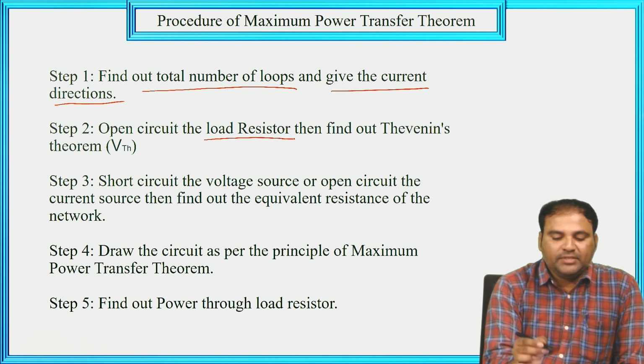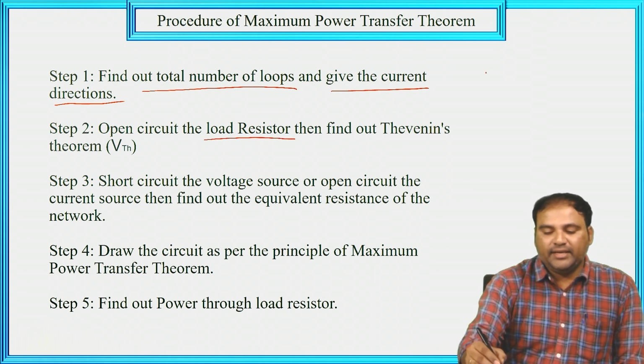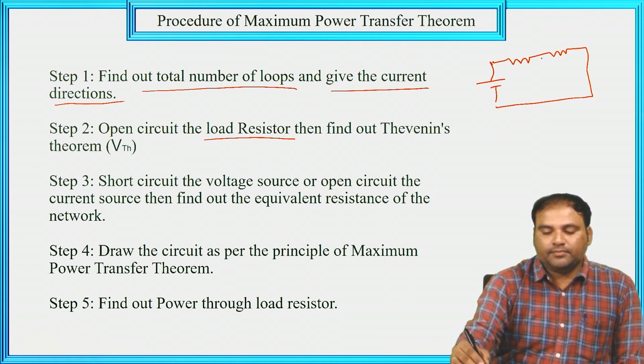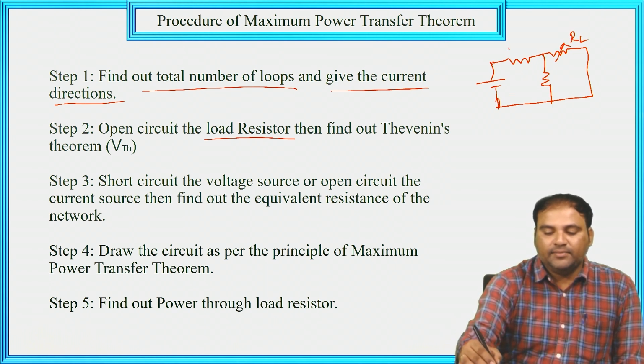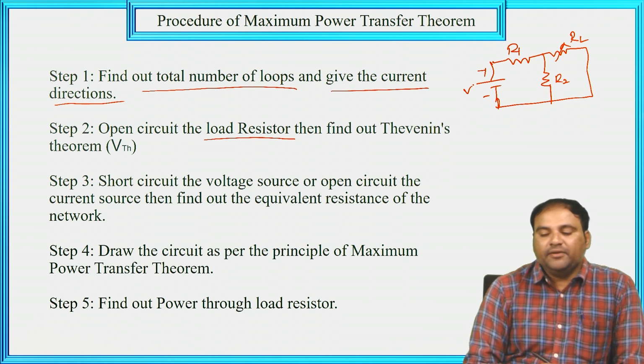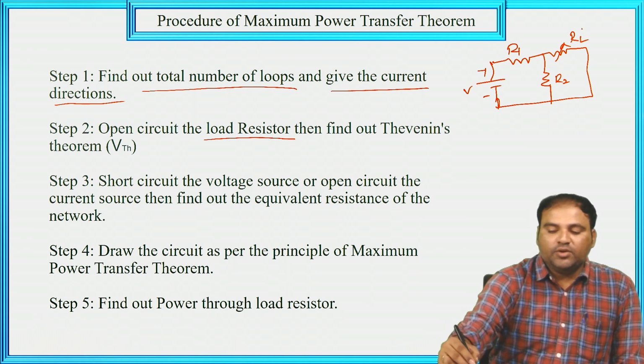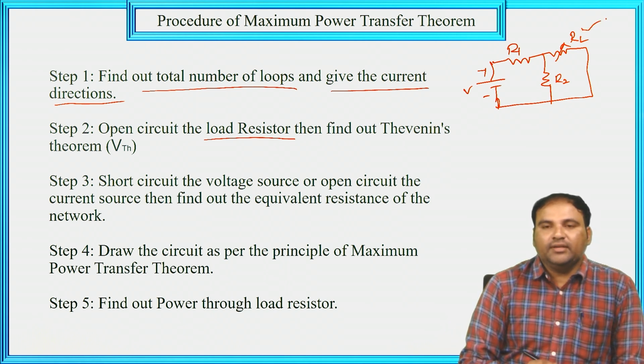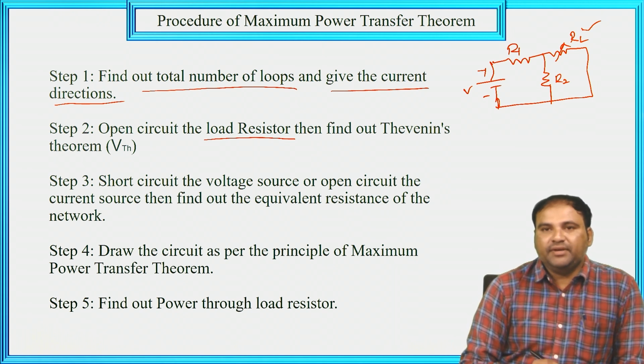So we need to open circuit the load resistor. Suppose this is the circuit: the load is RL, with R1 and R2, and a voltage source V. Here we need to open circuit this load. Now across the given two terminals we need to calculate the Thevenin's voltage VTH.